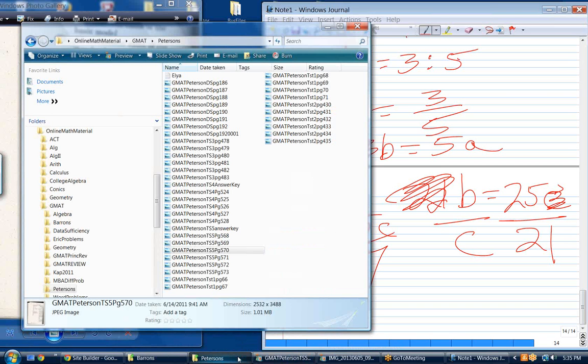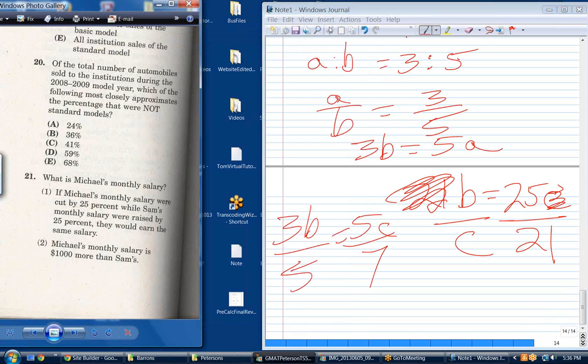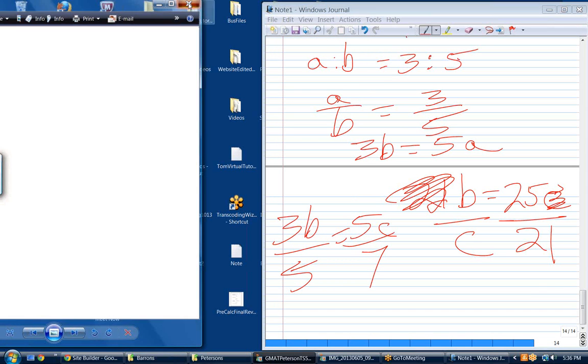I've got 5 of them: 1, 2, 3, 4, 5. We could just do all of the data sufficiencies, and then if we still need more problems to do, we can come back later. So let's just go through these and search for the data sufficiencies.